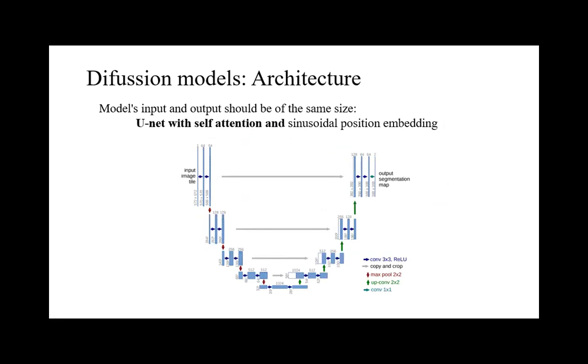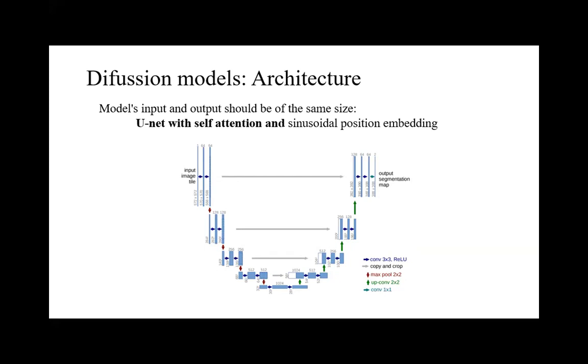Okay. How do they work? Basically, they use a U-Net architecture because, if you remember, one principal component is that the latent space must have the same dimensionality as the input, right? So this U-Net architecture basically performs a dimensionality reduction, but the input has the same dimensions as the output.